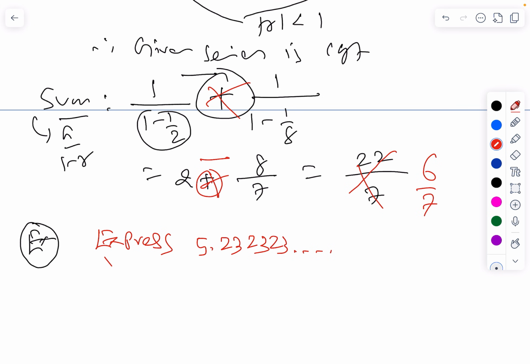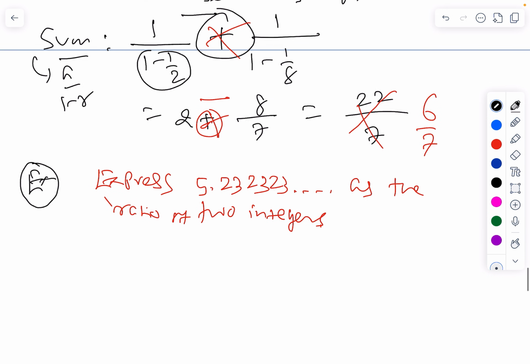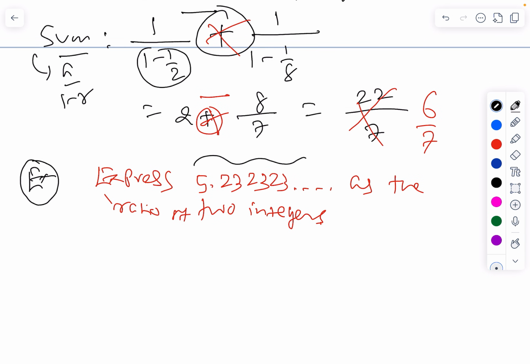You know, in 7-8 standard, if there are repeated values, then it is nothing but a rational number, expressed as the ratio of two integers.